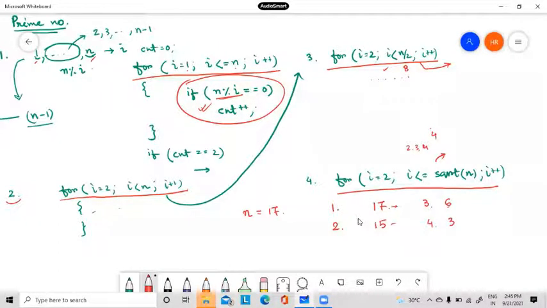So now you can easily understand. So this is only for a value 17. If it is a huge prime number, then you can easily understand how the solution is reducing the time complexity. So among these 4 algorithms, this one will be considered as the best with respect to time complexity.